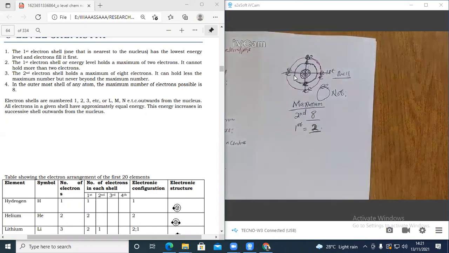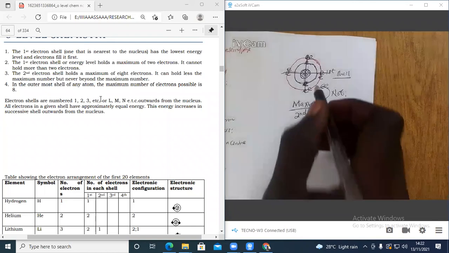Okay. Then the fourth. In the outermost shell of any atom, the maximum number of electrons possible is 8.